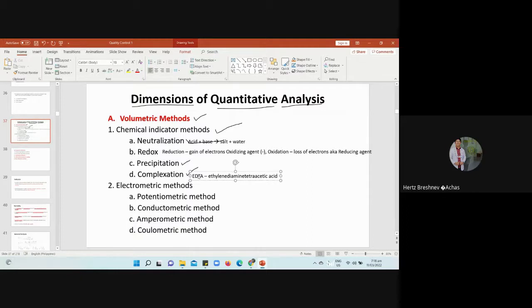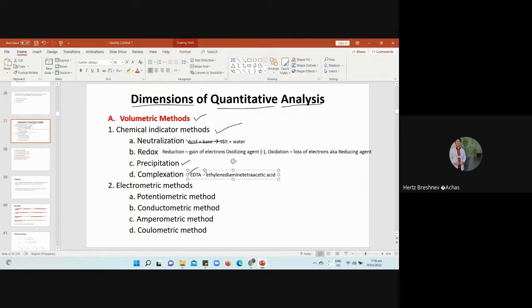Please double check the spelling on your own. EDTA is commonly used as an antidote. The mechanism of action, or how EDTA works, is through entrapment. It traps. It is commonly used as an antidote for metal poisoning.